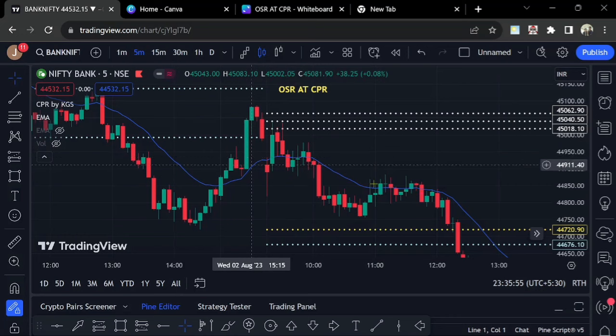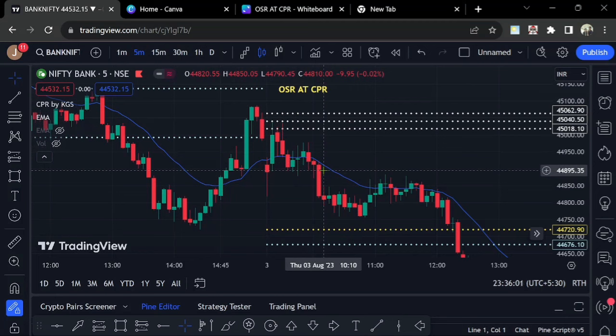This is also an OSR at CPR pattern, but why it turns here I will definitely reveal in the next video. In the upcoming videos I will say why this candle did not break this CPR. There is a reason for every move in the stock market.